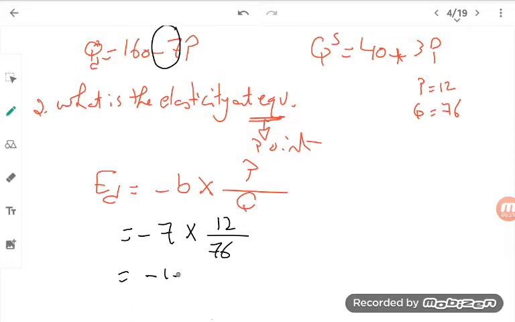It's negative 1.105. We are going to neglect the negative sign, as the negative sign stands for the negative relationship between price and the quantity demanded, and we are going to take the absolute value. The absolute value is greater than 1, so the demand is elastic.